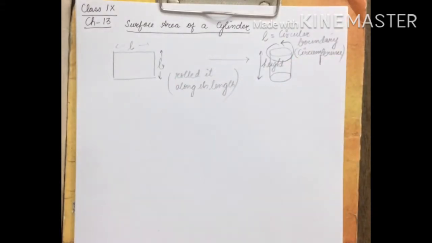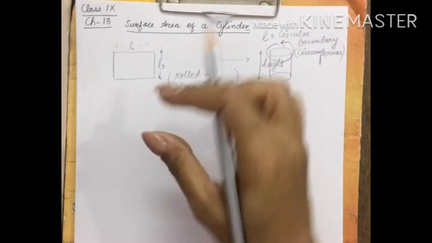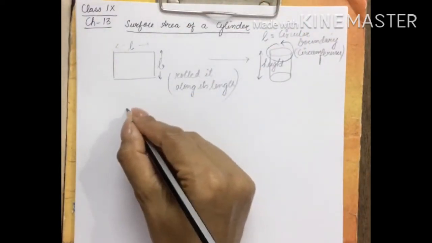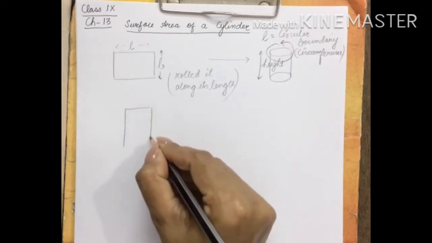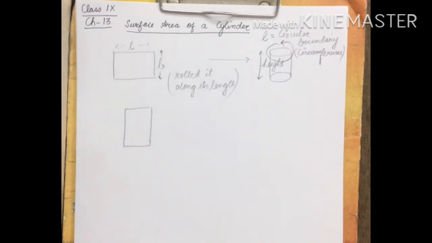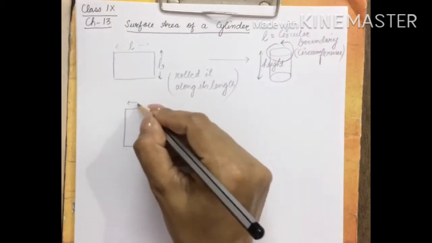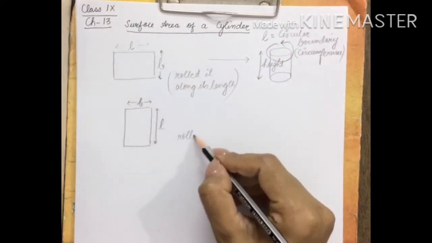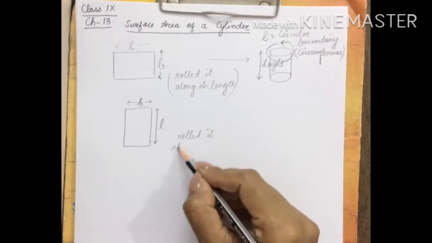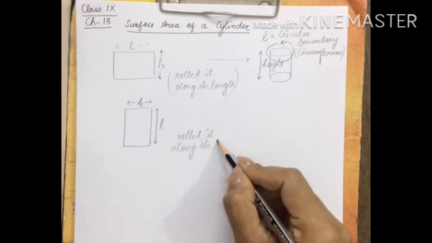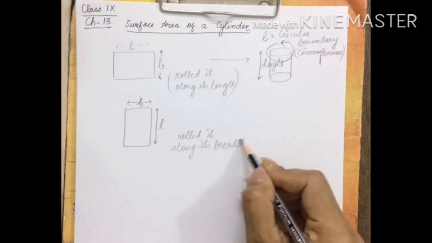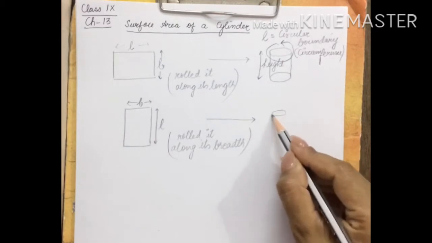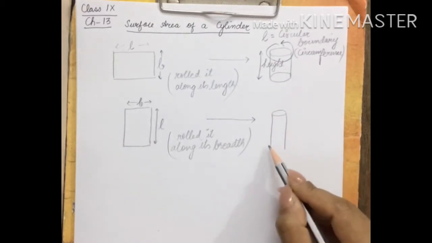If I had rolled it the other way, what would have happened? If I had rolled it along the shorter side, I'll draw the picture the other way around. Let's represent it like this so that it's easier to understand. So this is the shorter dimension and this is the longer dimension. If I had rolled it along its breadth, then the cylinder formed would be like this.